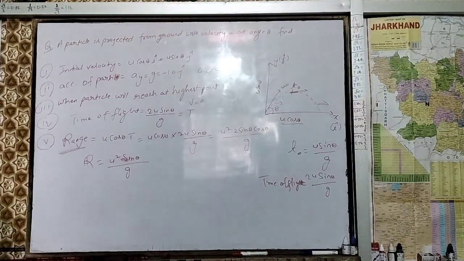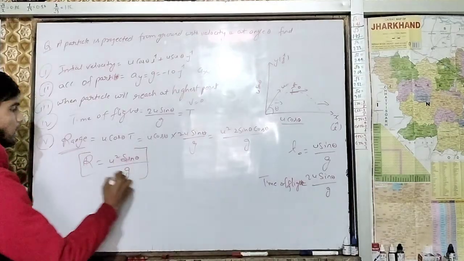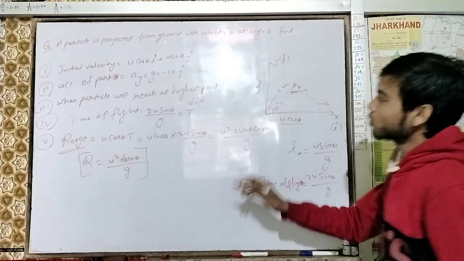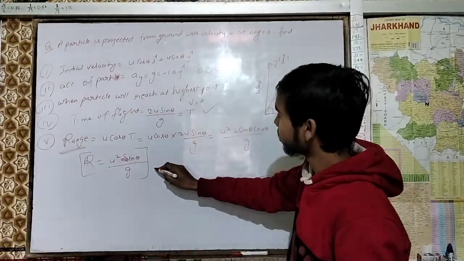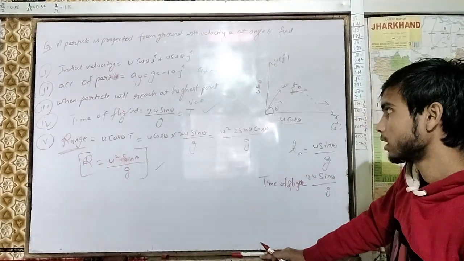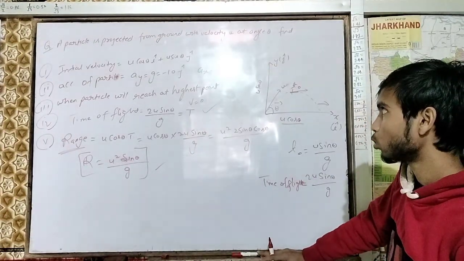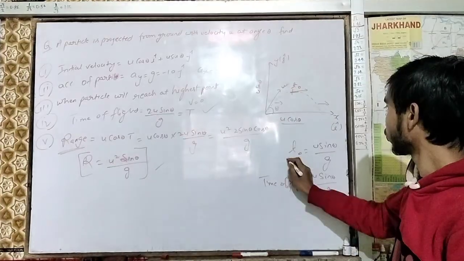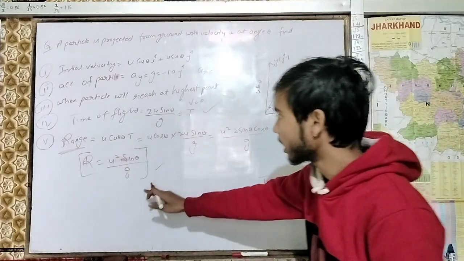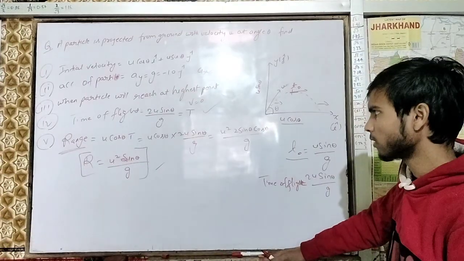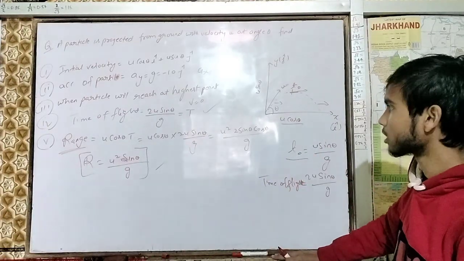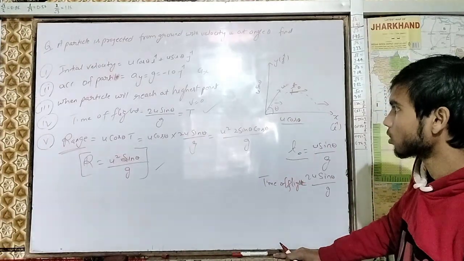This equation came at the end. So what's the difference? The time of flight was 2u sin theta upon z, to calculate T naught it was u sin theta upon z, and to calculate the range, u square sin 2 theta upon z. For T naught, u sin theta stays as it is. For range it becomes u square.